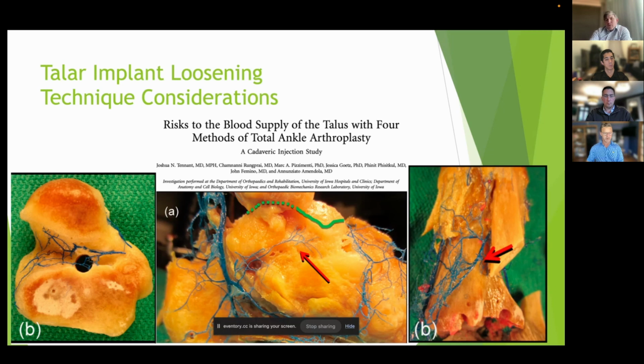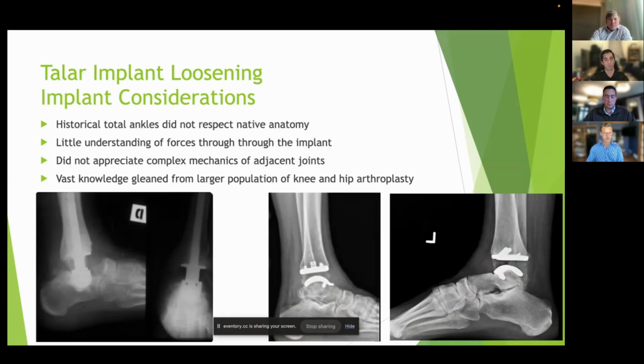This deltoid branch, in the center picture, is more commonly injured with the Star implant that has this medial chamfer cut. And then the other implant they looked at was the Zimmer, with the lateral entry and the potential implications of that fibular osteotomy on injury to the peroneal perforator artery.